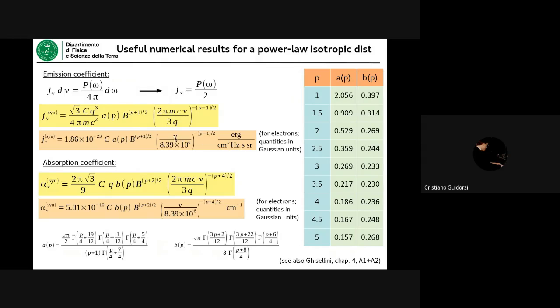Gaussian units means that nu is in units of Hertz, B in units of Gauss, and the density in units of centimeter to the minus 3, and the rest is just here. And the result, of course, for J nu is in units of erg per cubic centimeter per Hertz per second per steradian, and the same here, where the unit is centimeter to the minus 1. So these are very easy and very practical.